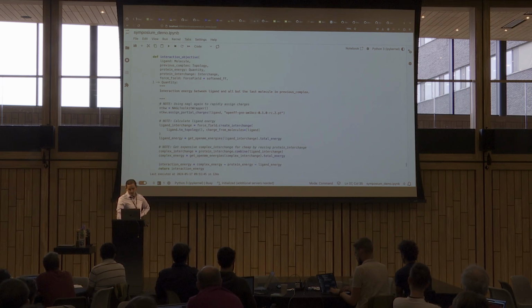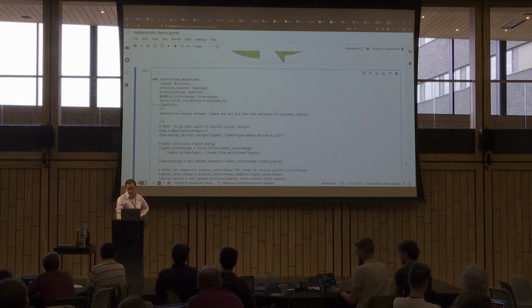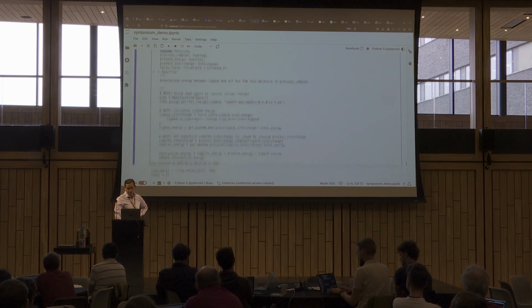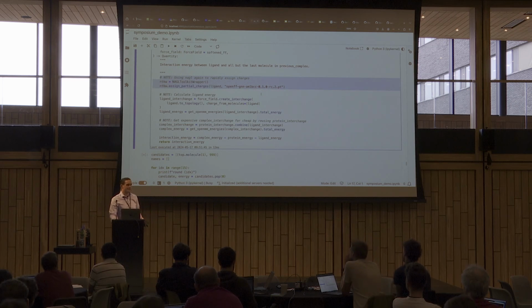And so as we go through the implementation of this, it's going to take in that protein Interchange. Is I'm lazy and it runs in a few milliseconds, so we'll just use it again.